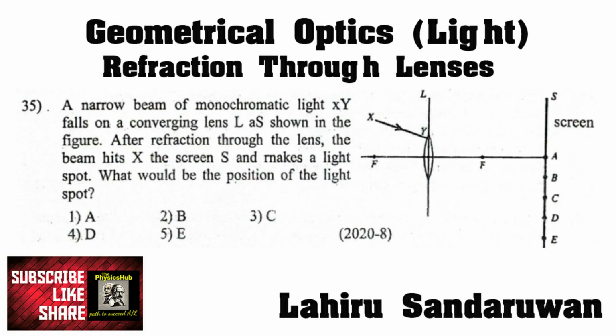A narrow beam of monochromatic light XY falls on converging lens L as shown in the figure. After refraction through the lens, the beam hits the screen S and makes a light spot. What would be the position of light spot?